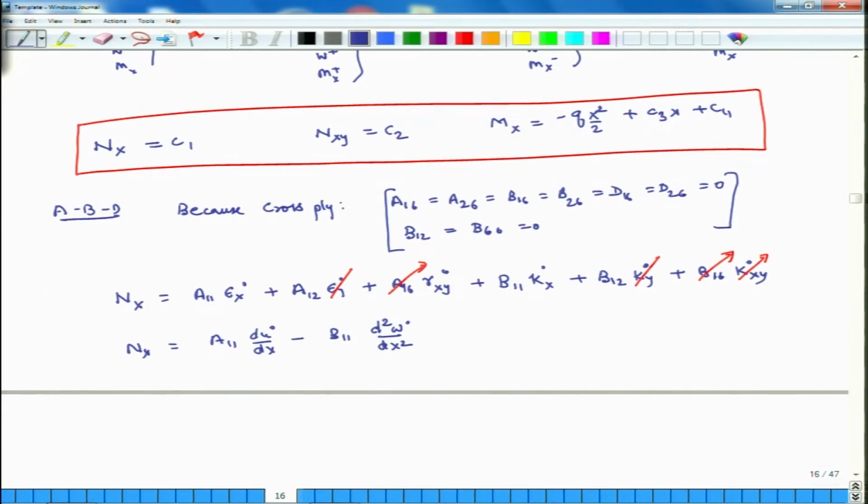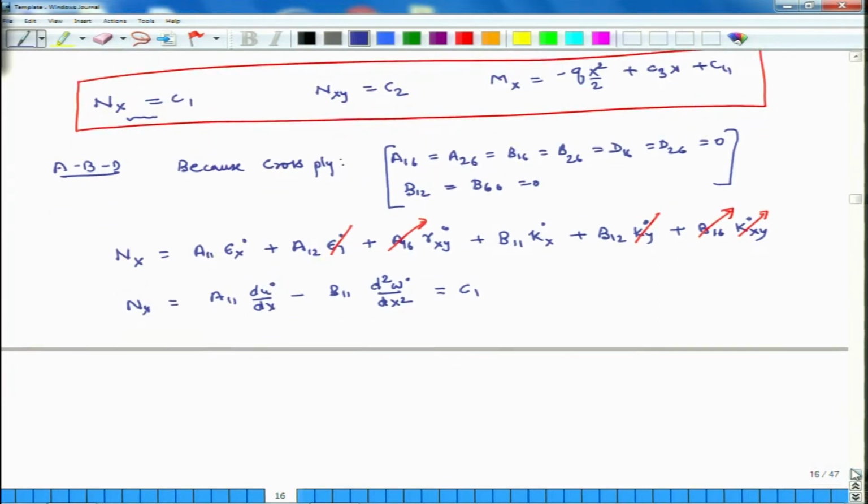Okay. And we know that Nx is equal to C1 from this red box. So, we integrate this equation once and we get u naught is equal to C1x plus B11 dw naught over dx plus C5, into 1 over A11.